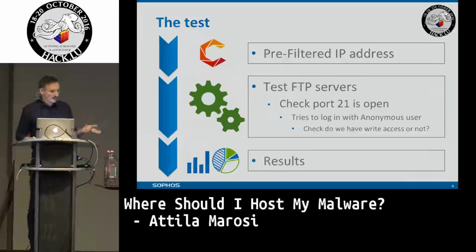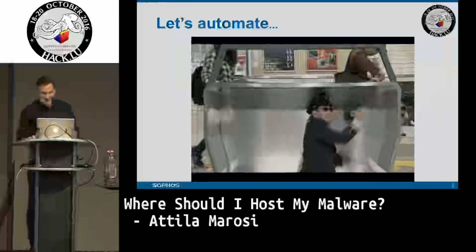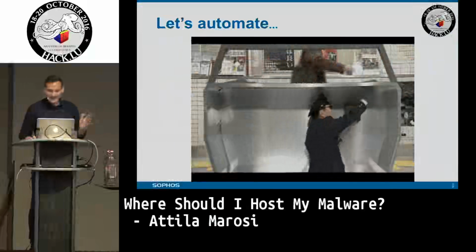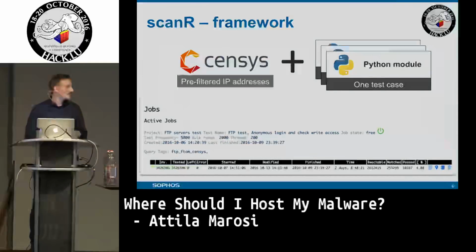So how could this process look like? Get the IP addresses, check them, and fill the list. If you don't want it in this way, you need some other tools for it. So I developed a scanner. It's called Scanner Framework, which can be fed with IP addresses. You can take the IP addresses, and you can create easy and very tiny Python modules to do some test cases and collect the results in a very generic way.